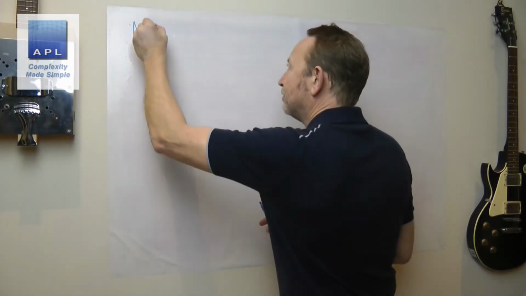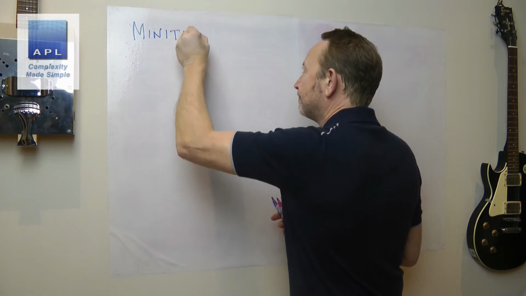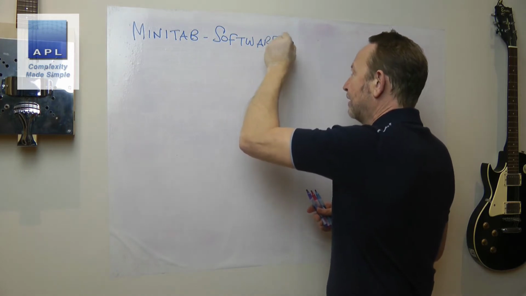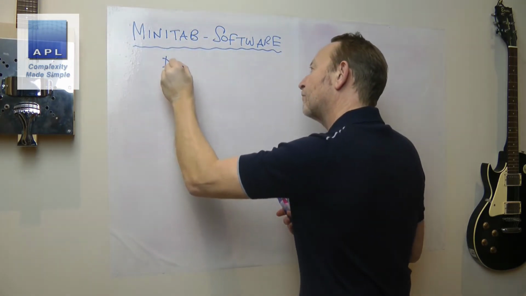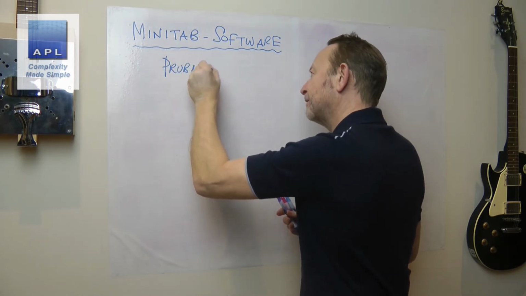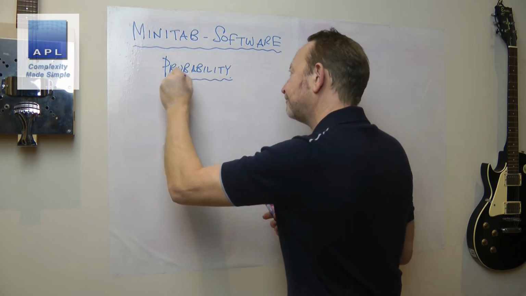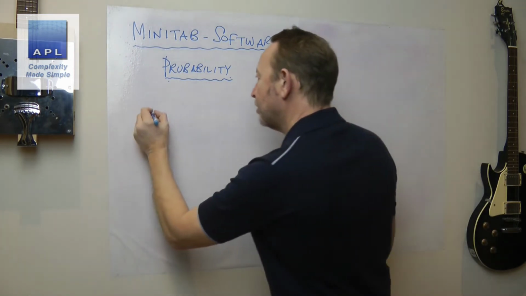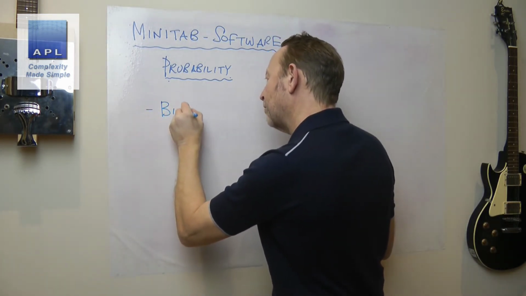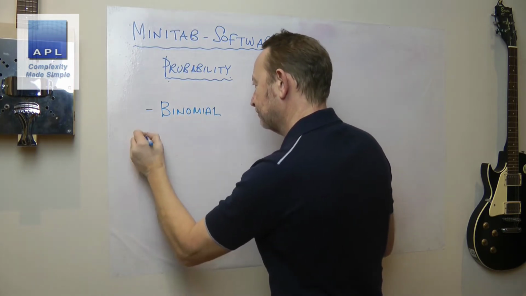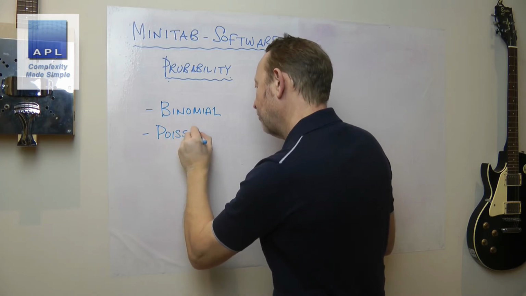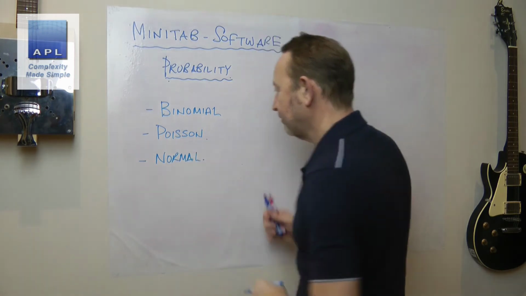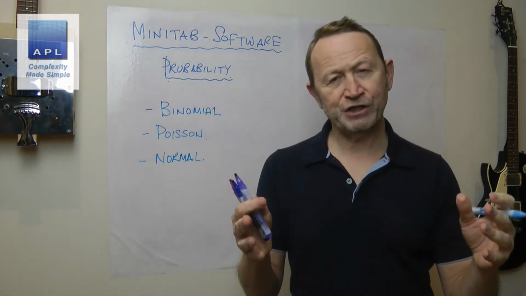So we're going to take a look at Minitab software, and in particular, what's the best way to do probability calcs in Minitab, and in particular the three distributions that you're going to see at work: the binomial, the Poisson, and the normal.